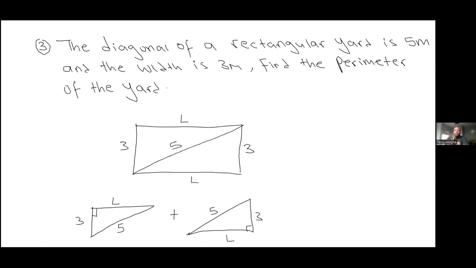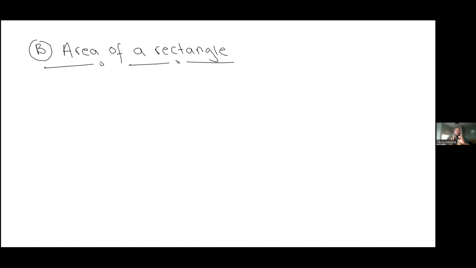So we'll go straight to the next one, which is the area of a rectangle. So how do you find the area of a rectangle? Let's open a new page for that. We'll go to the last one, which is the B. The area of a rectangle basically is talking about the enclosed part by the edges of that shape.